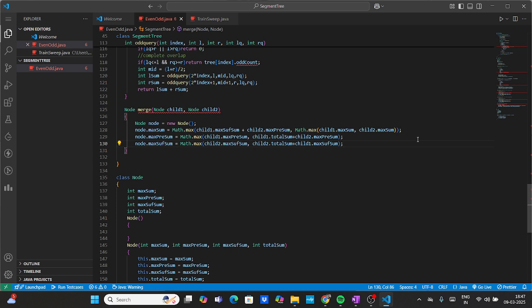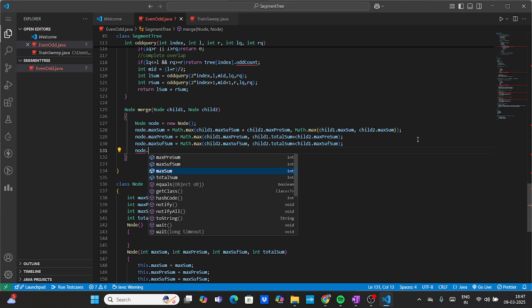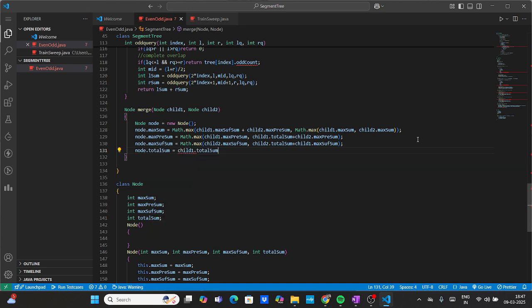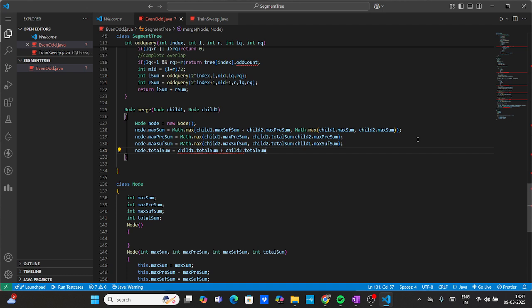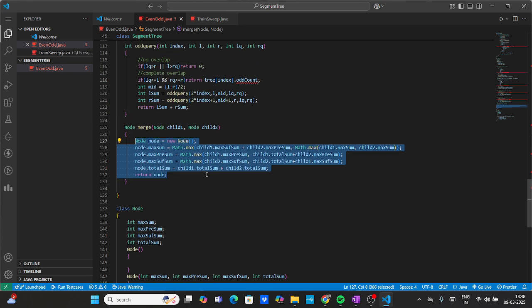Yes. Child two's max suffix, comma, child two's total sum plus child one's max suffix. And the last, which is very easy, is the total sum. This is pretty easy, right? Yes. So is our merge done? Yes, it is done.